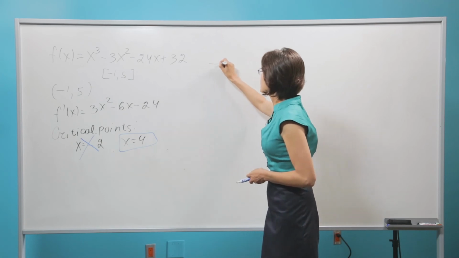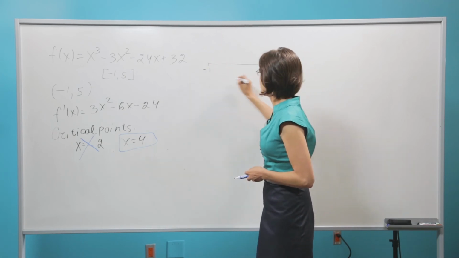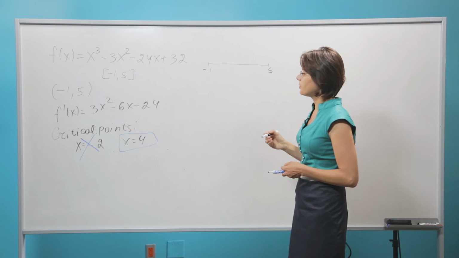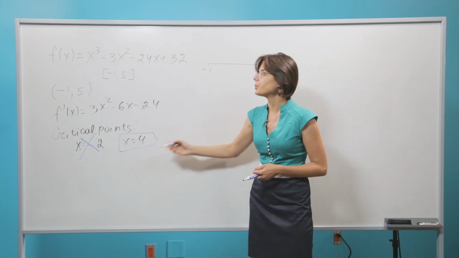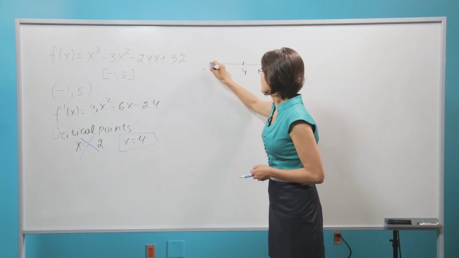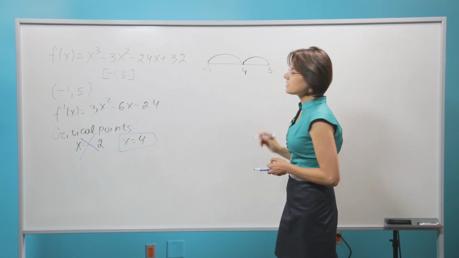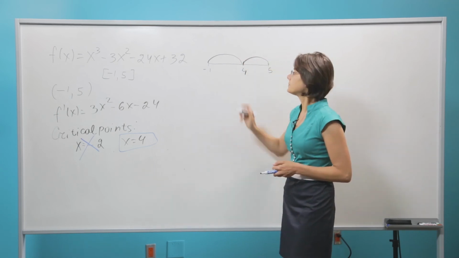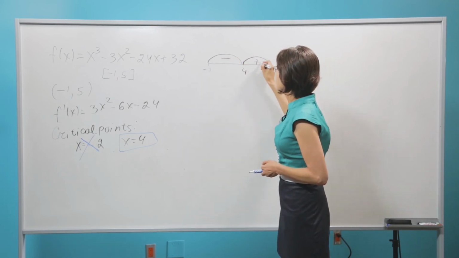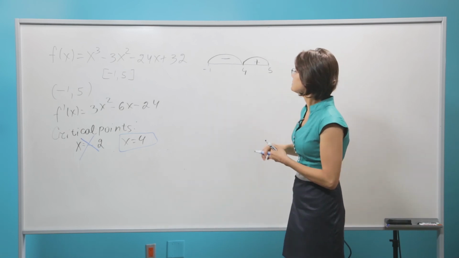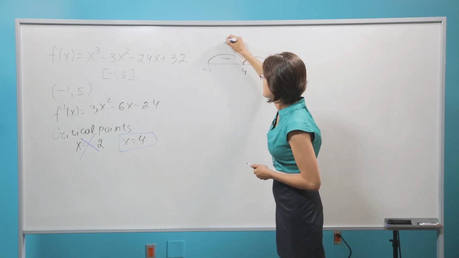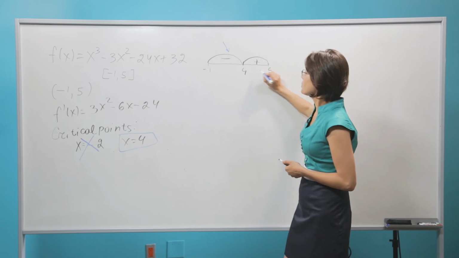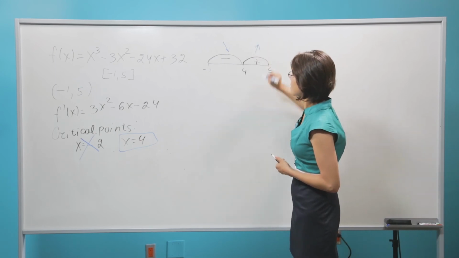Now we take our domain from -1 to 5, and we subdivide it as before by the critical point 4, and we check the sign of the first derivative here. We've done it before. We find that in this middle interval the function is decreasing, and from 4 to 5 the function will be increasing. So we have a minima point here.